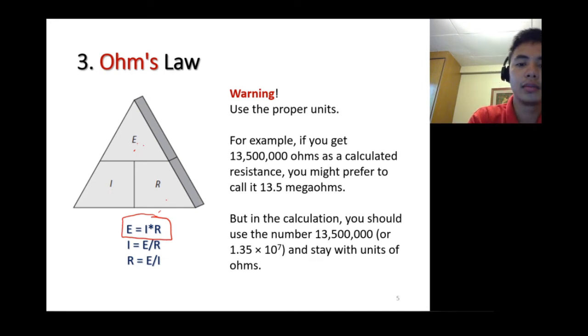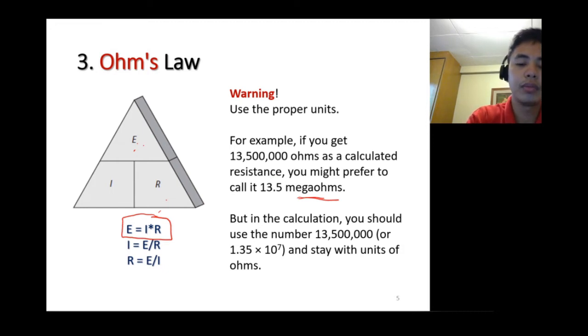Warning: use the proper units. Most of the time, the given circuit values are in mega ohms, kilo ohms. When you calculate, you should use the actual number, like 13,500,000, not 13.5 mega. So you need to use the proper or standard units.